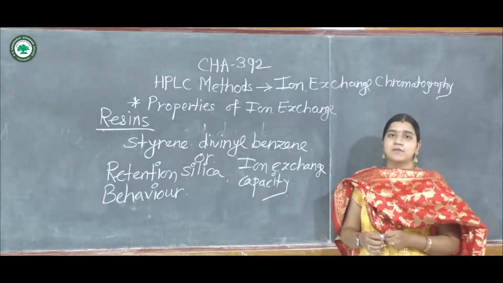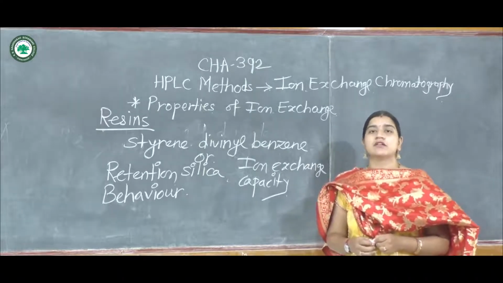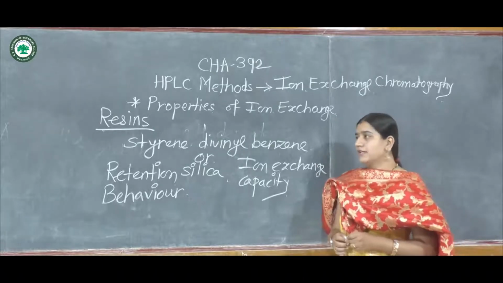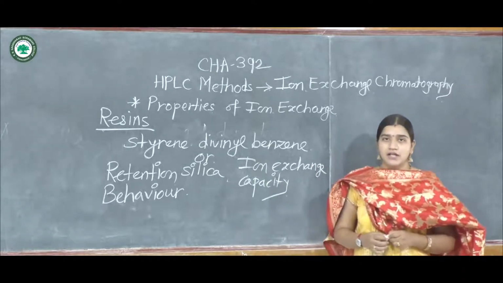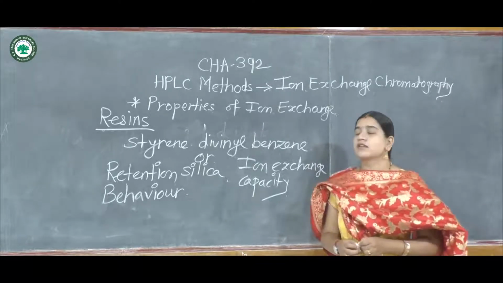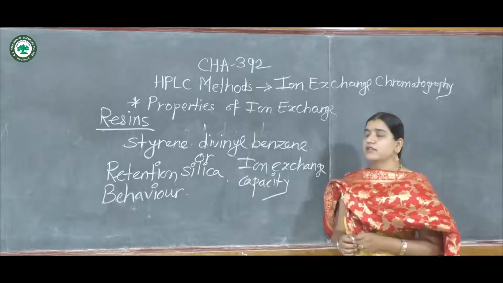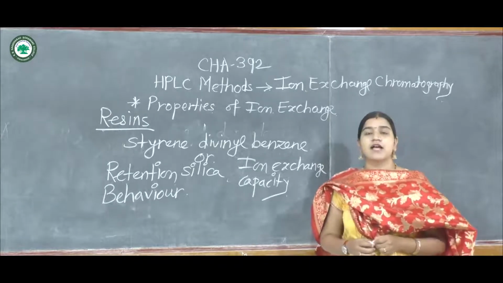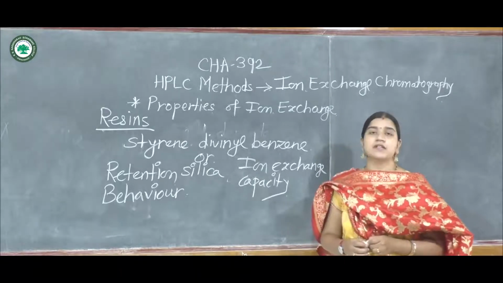Now capacity means what? How much volume can be separated by using a given cation exchange column or anion exchange column. Normally when you are doing an experiment in your laboratory, you can analyze 100 ml of a sample or 200 ml of a sample in one stroke. For industrial purposes, you can analyze 100 liters or 200 liters of a sample in one stroke.